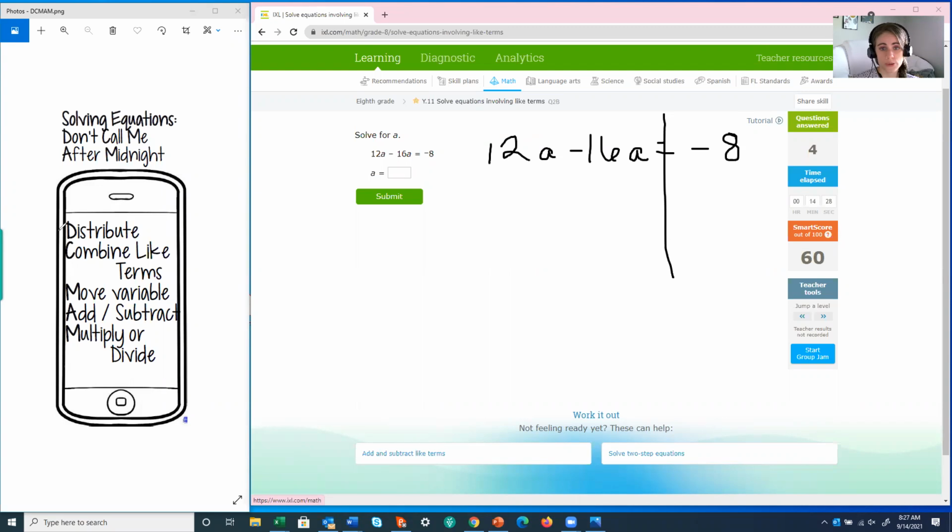Do we need to distribute? Nope. How about combine like terms? Yes, sirree. I got 2 like terms on the same side, which means I just do what it says. Well, it would be 12a minus 16a. All right, this would be a good time for us to go over our properties of integers.